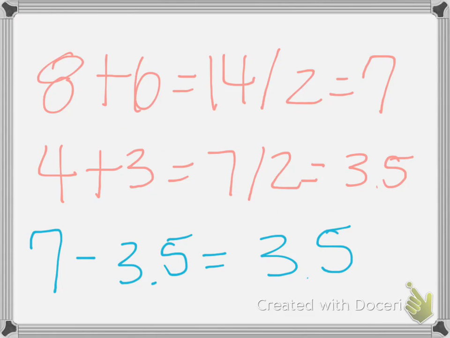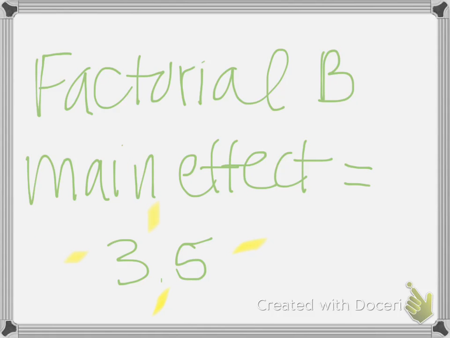For our next part, as we did in the other problems, to get the main effect for factor B, you need the average of columns B1 and B2. I have the equation spelled out. 8 plus 6 equals 14, divided by 2 equals 7. 4 plus 3 equals 7, divided by 2 equals 3.5. Since we're trying to find the difference between both columns, 7 minus 3.5 equals 3.5. Therefore, factor B's main effect equals 3.5.